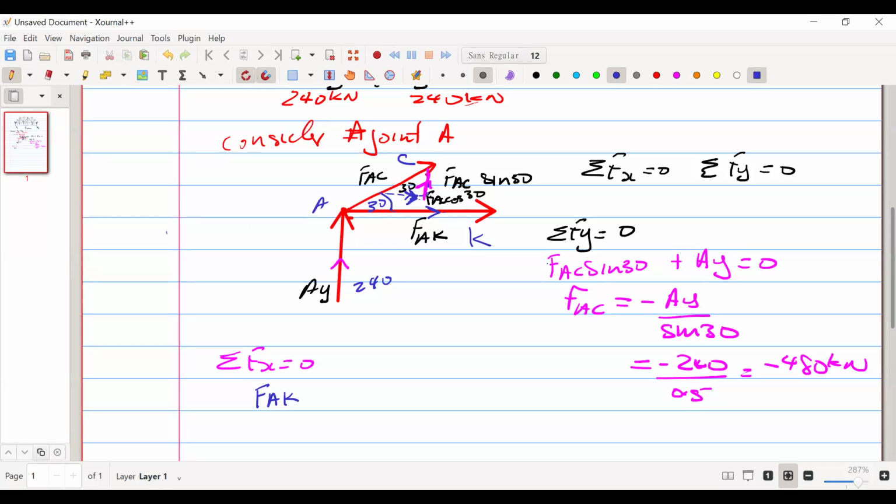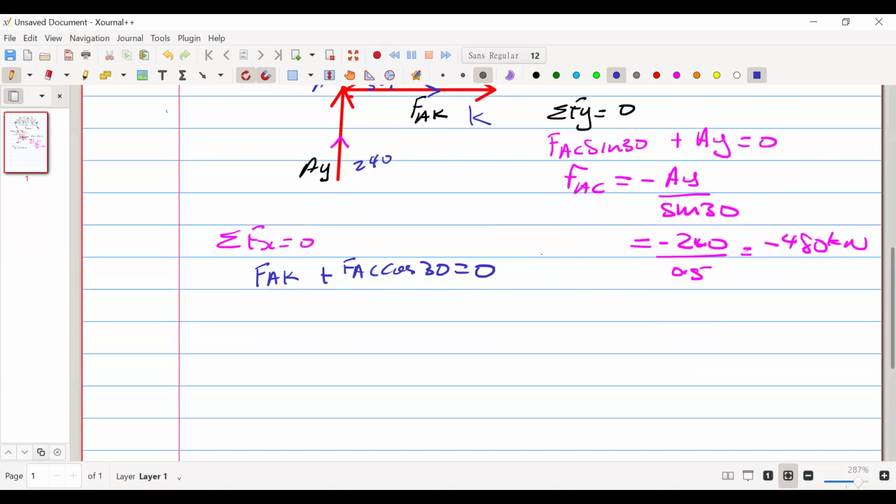And then the next component is FAC cos 30 equals 0, right? So therefore, I can find FAK because that is equal to minus FAC cos 30.